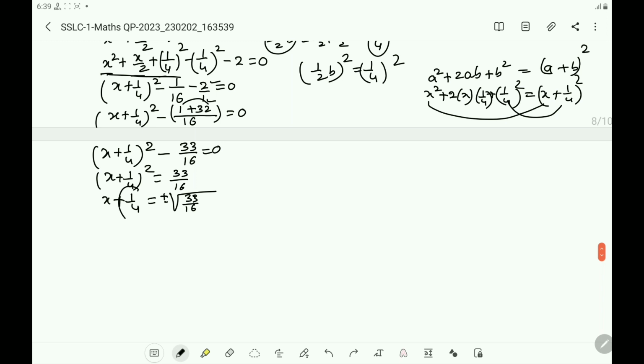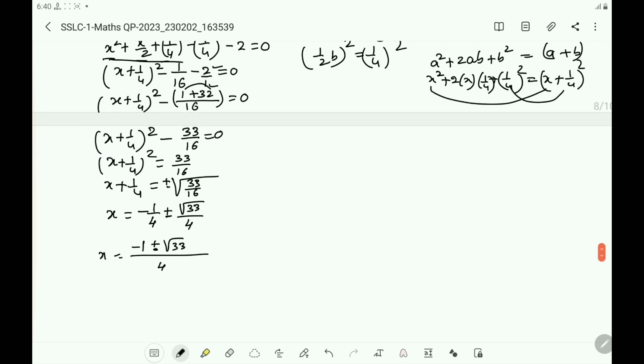Now you transfer this 1 by 4 to the RHS. It becomes x equals, plus 1 by 4 becomes minus 1 by 4 when it comes to the RHS. So you got minus 1 by 4 plus or minus whole root 33 by 16, which can be written as root 33 by 4. Then x equals, if you take 4 as a LCM, then you will get minus 1 plus or minus root 33 in the numerator.